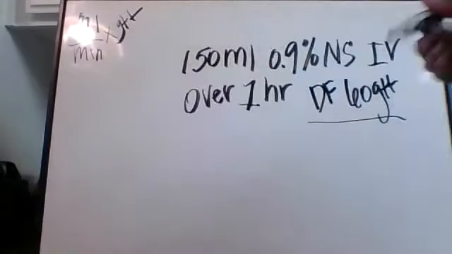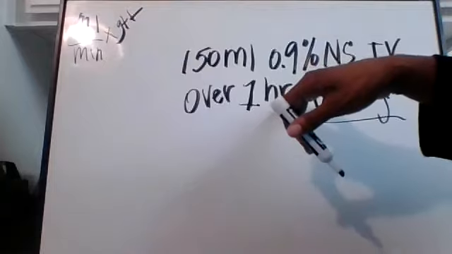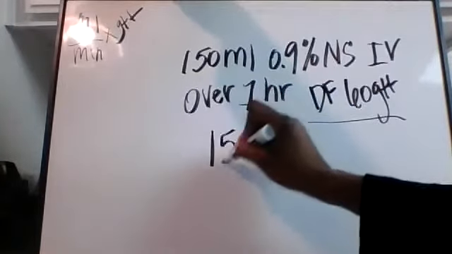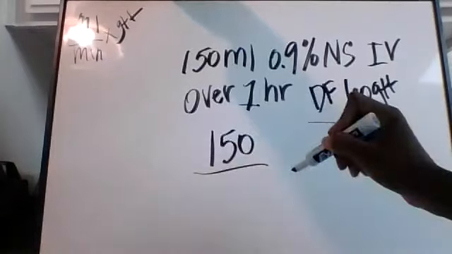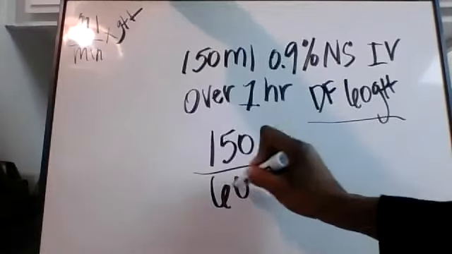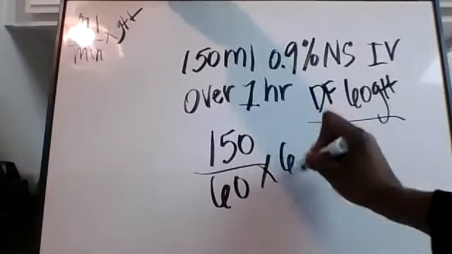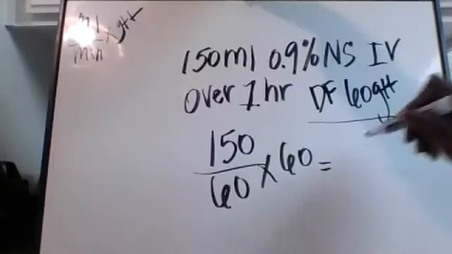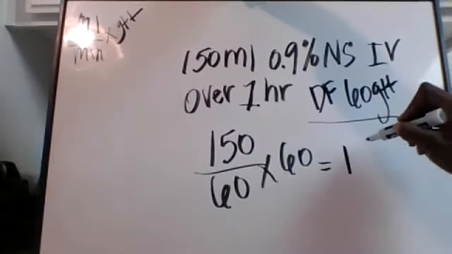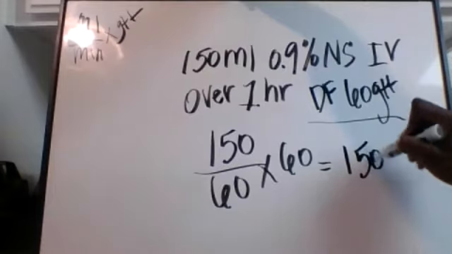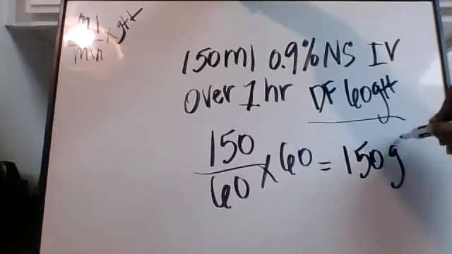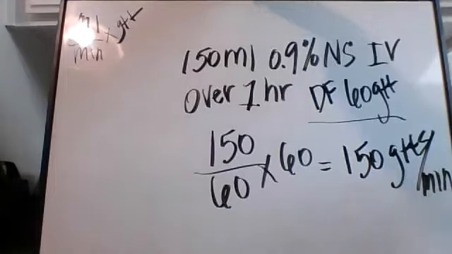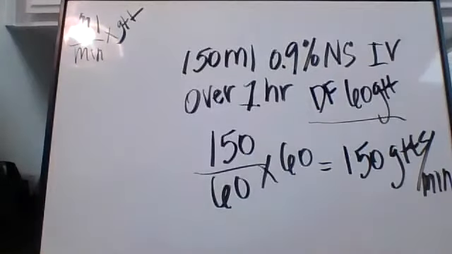Okay, so we know that 1 hour is equivalent to 60 minutes, right? So we take our 150 divided by 60 times the drop factor, which is 60, okay? And that's going to give us 150 drops per minute.